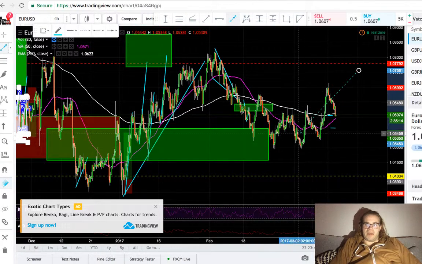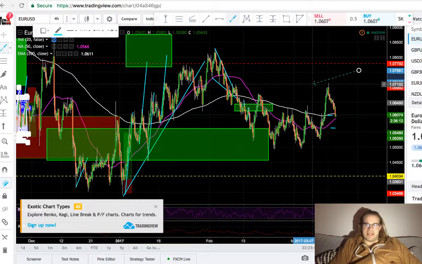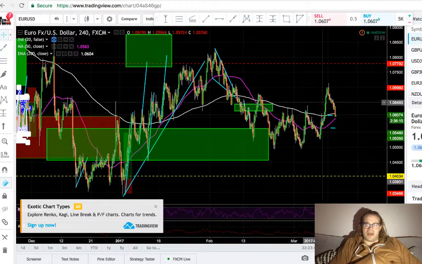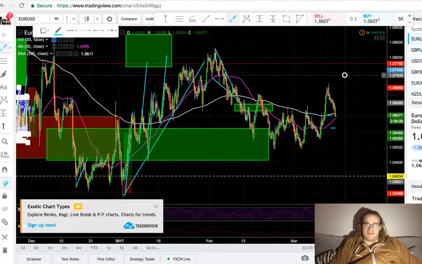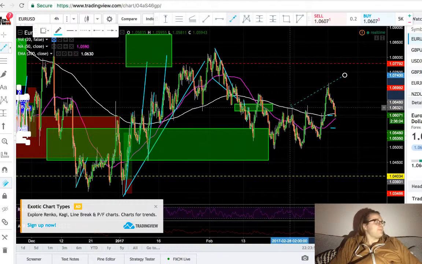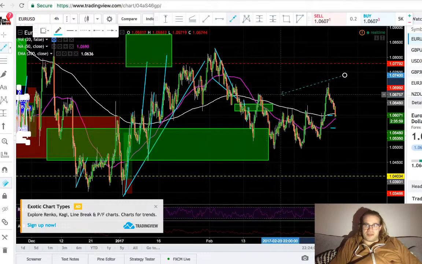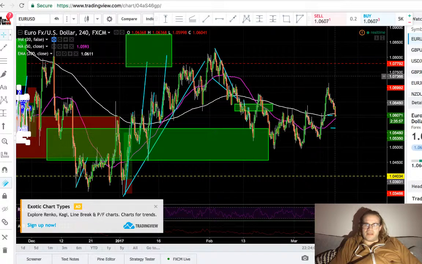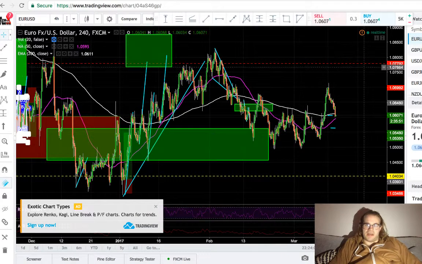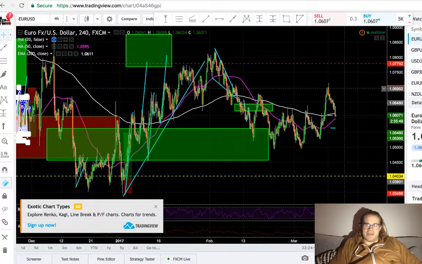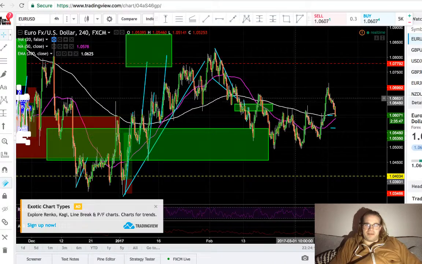And finally we got this big push to the upside, giving us the higher high, higher close over these three here, and this guy as well. That's a pretty strong move on the 4-hour chart on the euro dollar. Still, I don't see any reason for buying this up here.